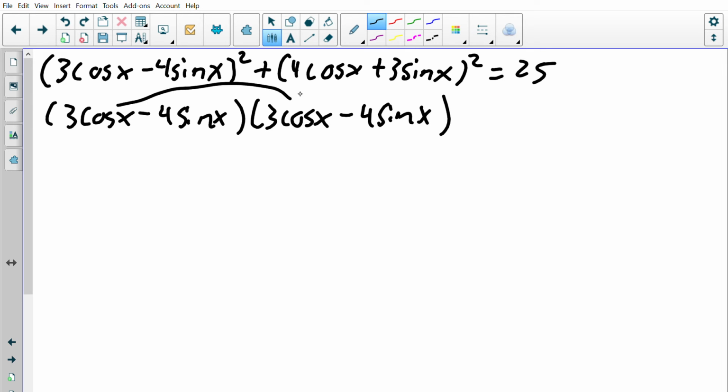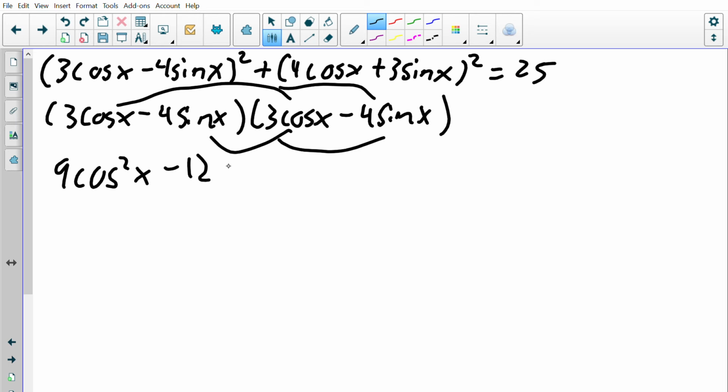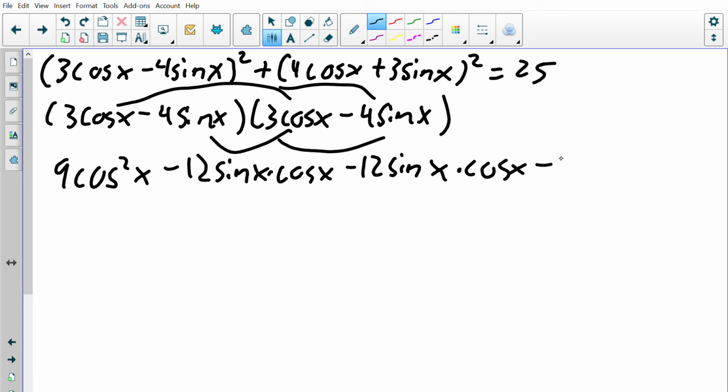I am going to FOIL, and I get 3 cosine squared minus 12 sine x times cosine x minus 12 sine x times cosine x plus 16 sine squared x. Combine my like terms.